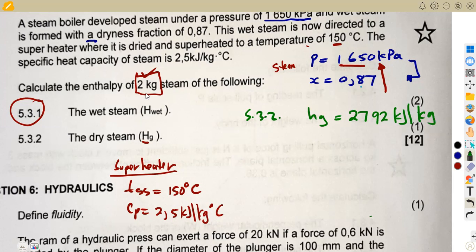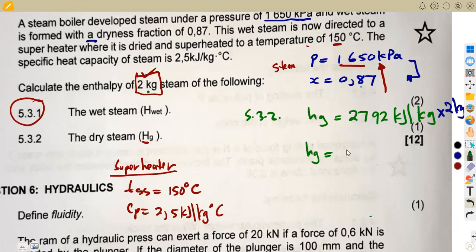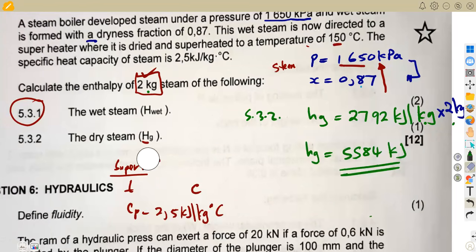But they are saying for a 2 kg mass, so we multiply by the mass of 2 kilograms. That gives us the value of hg, which is 5,584 kilojoules now, since we multiplied by the mass in kilogram. This will cancel. So this information was actually useless.